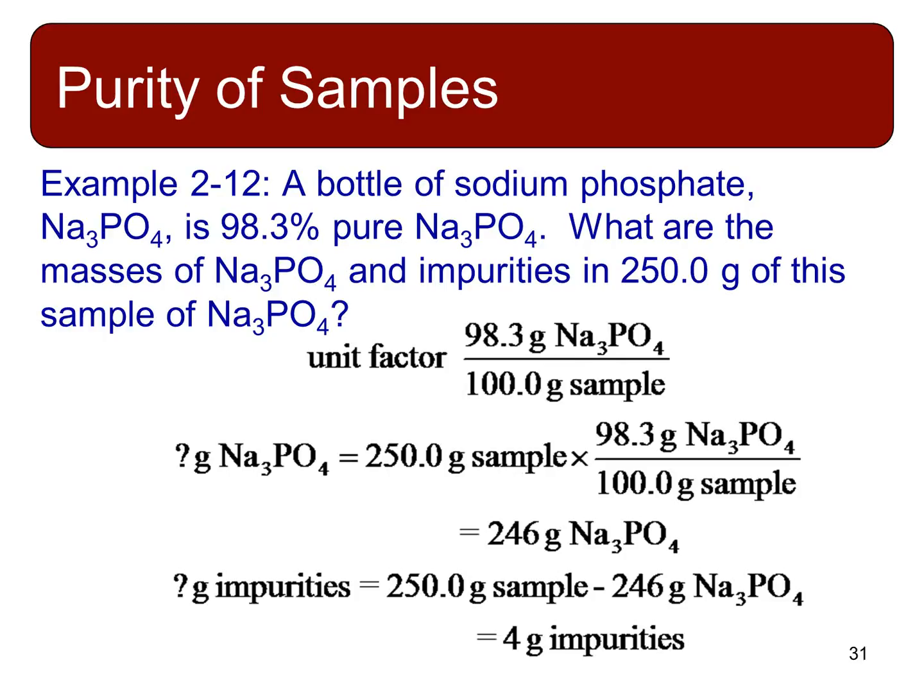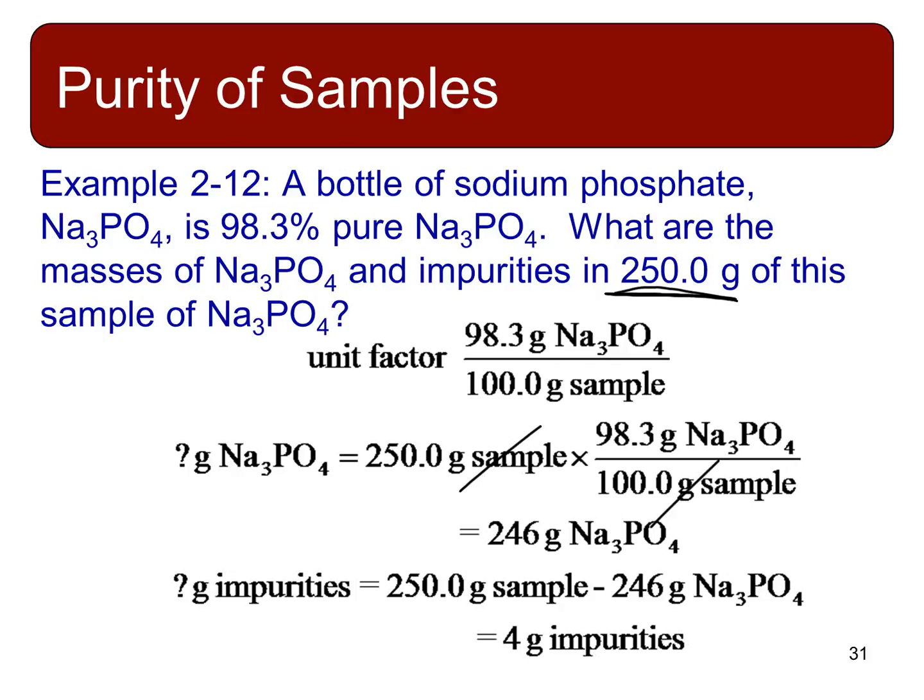We take what we're given, 250, and multiply it times 98.3 over 100, and we get 246. So of that 250 grams, 246 is actually pure sodium phosphate.